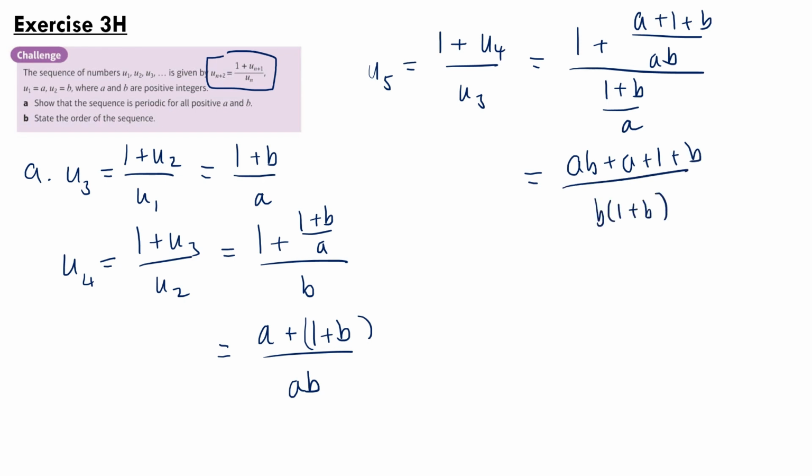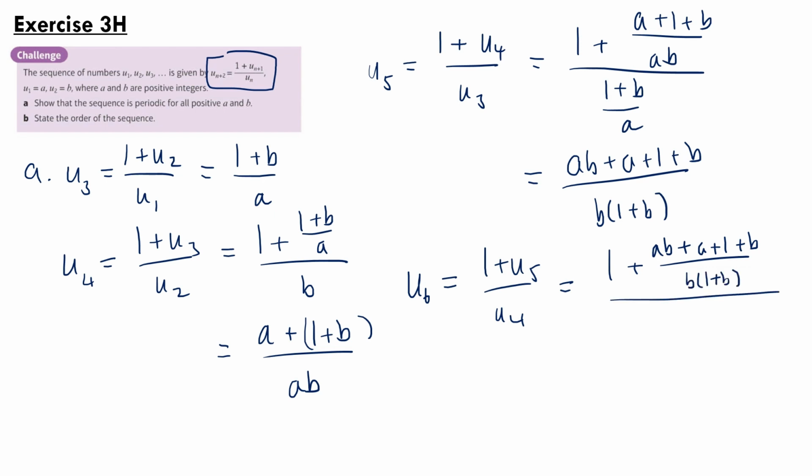And now if we try and find u6, we're hoping we might find the pattern soon. So with u6, we have (1 + u5)/u4. So that gives us 1 plus (ab + a + 1 + b)/(b(1 + b)), all over u4, which is (a + 1 + b)/(ab).